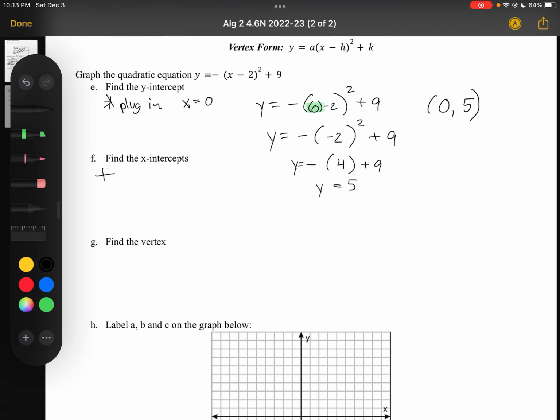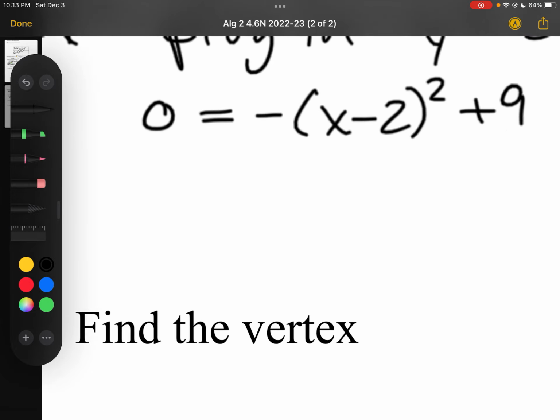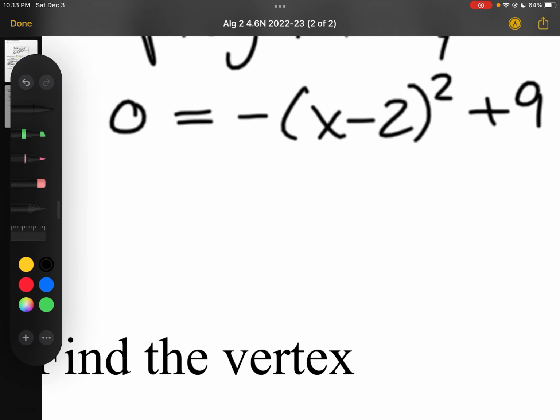Now x-intercepts for this one, a little bit of a different method from before. This time we plug in y equals 0. So now we'll have 0 equal to negative x minus 2 squared plus 9. And using the magic of zoom, we'll create some more space.